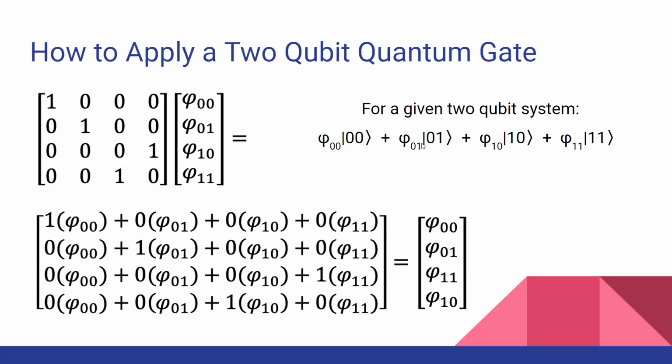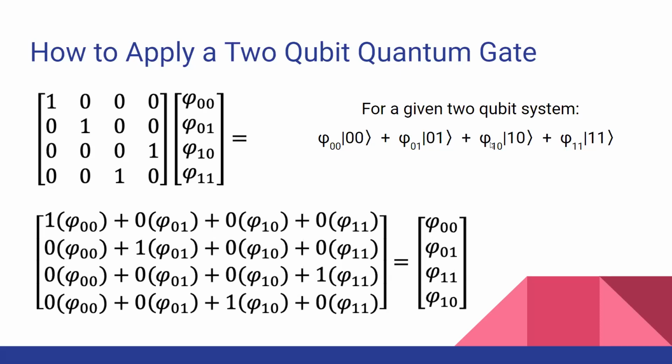Because the first qubit, which is the control bit, is 0, the probabilities for the 0 and 1 state of the second qubit are not going to get flipped. However, in both the 1,0 state and the 1,1 state, the control bit is 1. So these two probability amplitudes switch. We can see down here that phi 1,1 goes where phi 1,0 was, and phi 1,0 is now where phi 1,1 is.